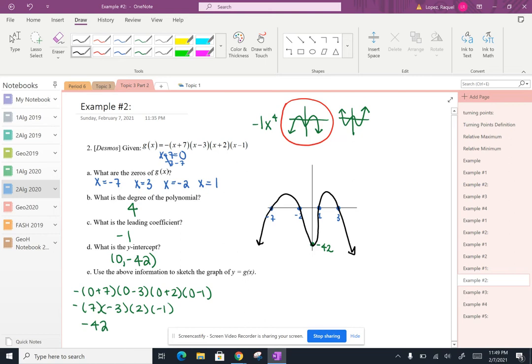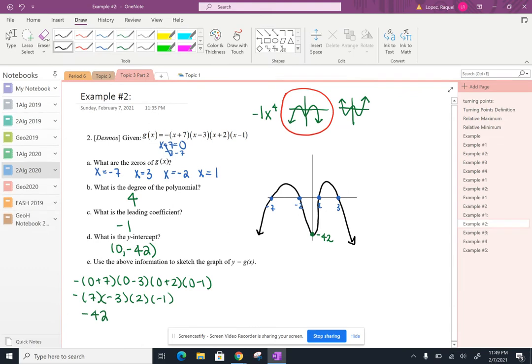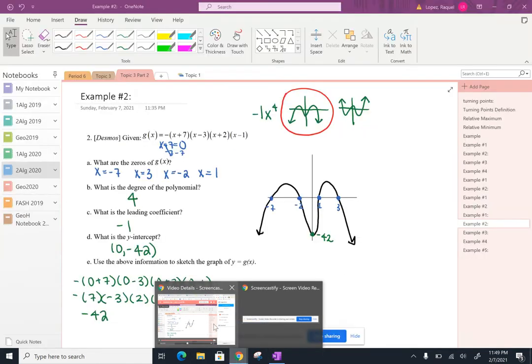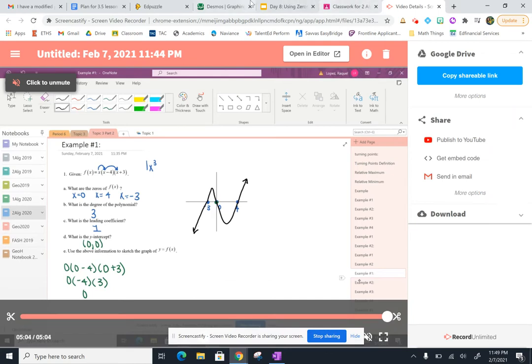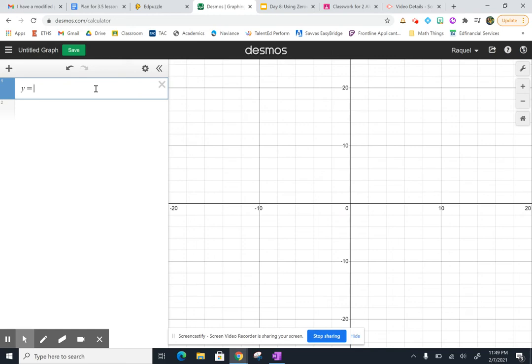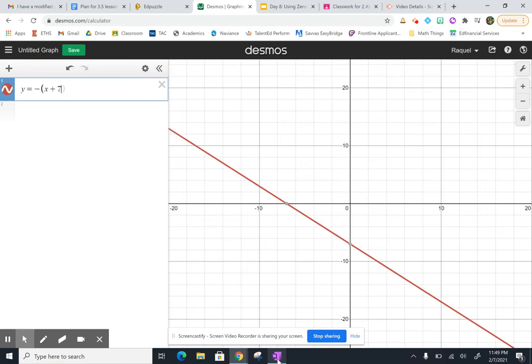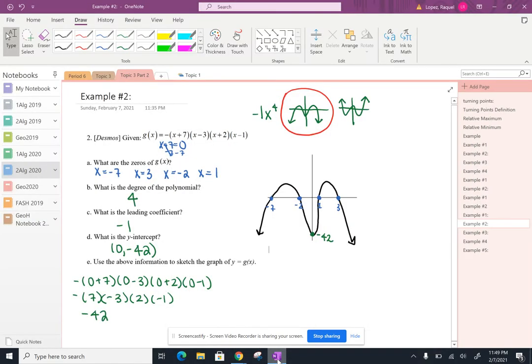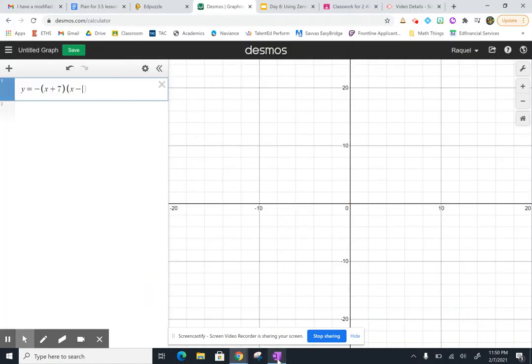Now, remember, once we've got a sketch, we want to be able to just type it into our graphing calculator or type it into Desmos so that I can get a better second draft, I should say. So I have negative, and then x plus 7, x minus 3, x plus 2.